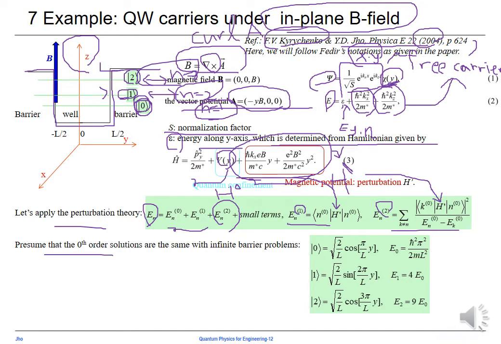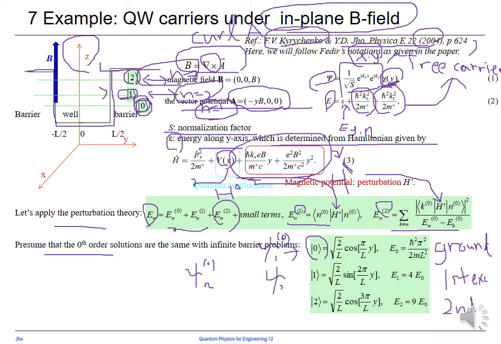And also the zeroth order wave function is like this. This is actually psi 1 zeroth order, but my friend Fedier said to call it like this, with 0 as the quantum number to indicate the ground state. Some people focus on this ground state, and this is the first excited state, the second excited state.